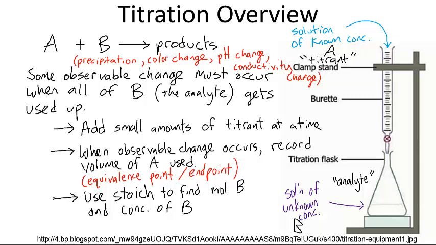The question is, what is the benefit of that? Well, in certain situations with acids and bases, usually you want to have the weak acid or base in the flask. So sometimes if you have a solution of sodium hydroxide, which is a strong base, and you don't know its concentration, you'll put a solution of a weak acid in the flask, and then you'll put the unknown concentration solution in the burette.